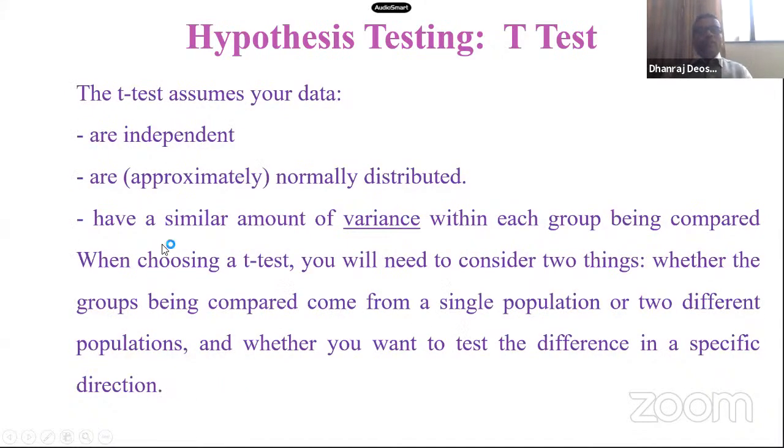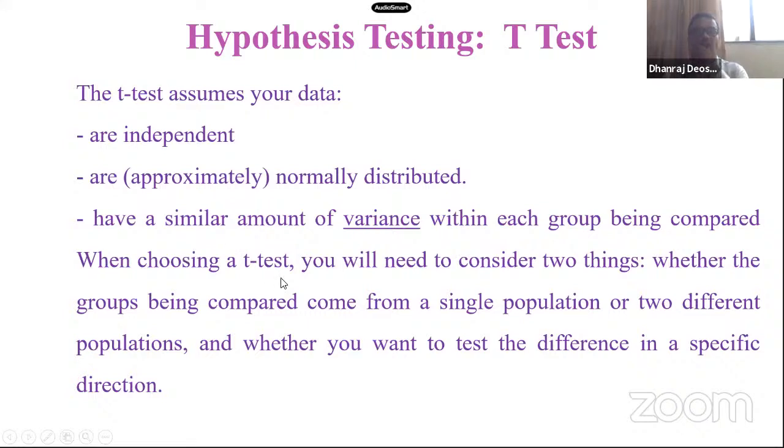Variance is nothing but the square of the standard deviation. It assumes that the data have a similar amount of variance within each group being compared.